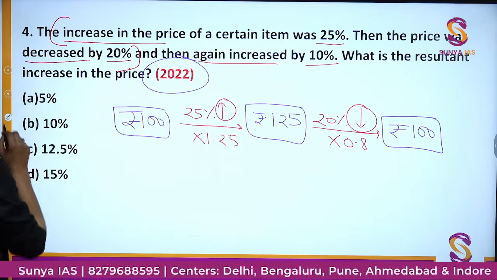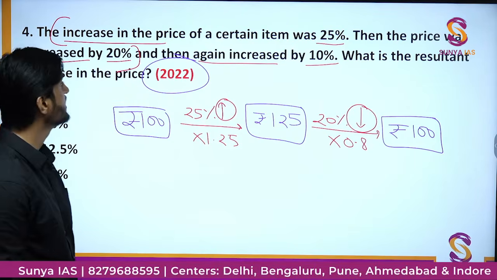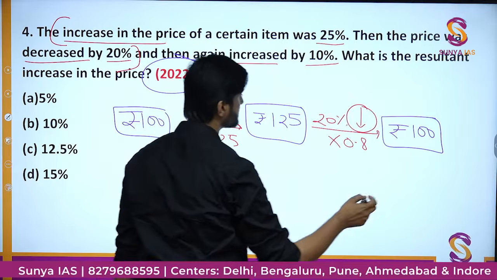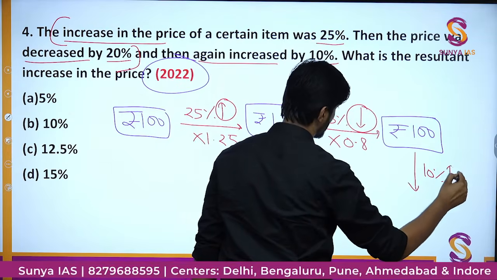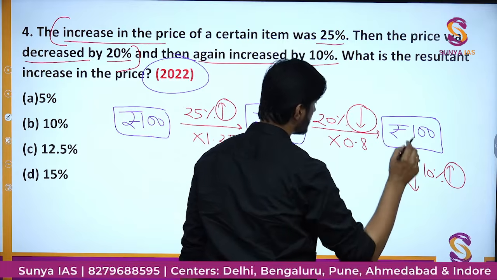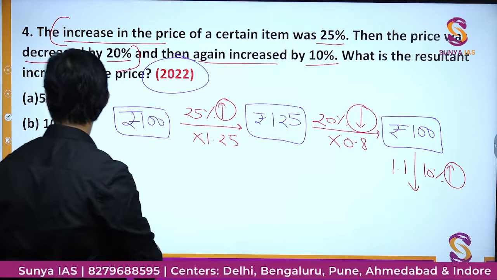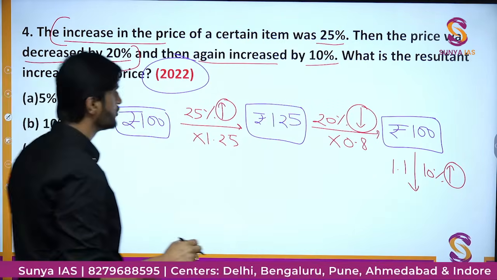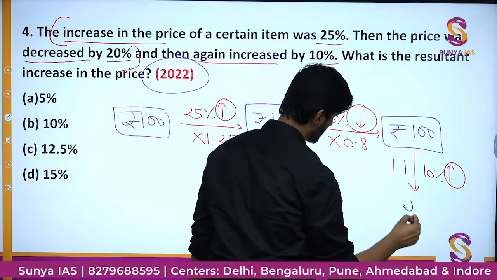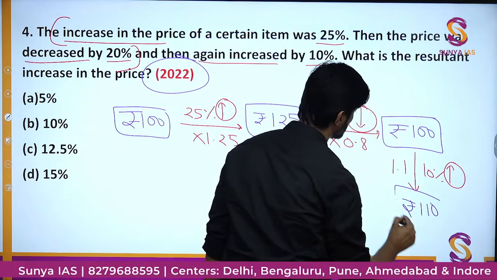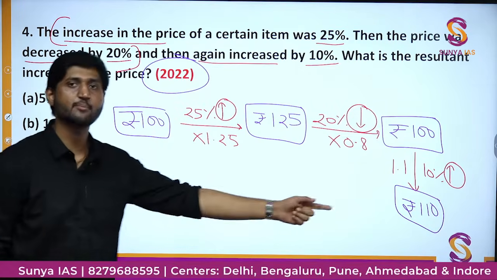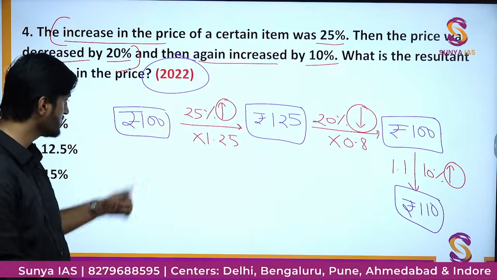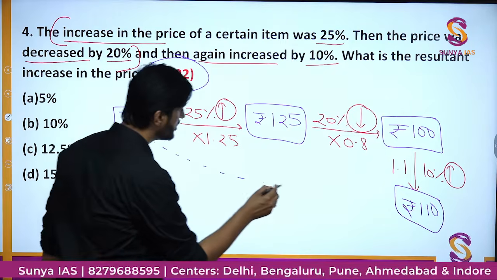Finally, there is one last thing, and that thing is how much? A 10% increase. So we are going to increase it by 10% again. So we'll multiply it with 1.1, and the final amount you are going to get is rupees 110. So now what we have to find? We have to find the resultant increase in the price. What is the total increase in the price from 100 initially to 110?